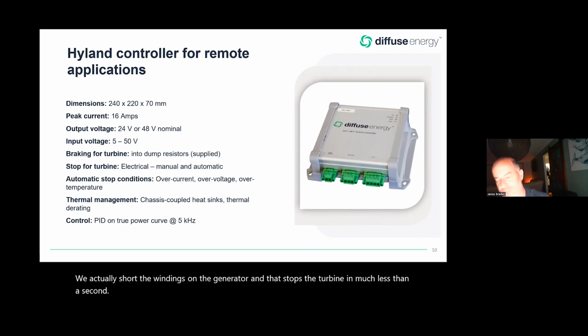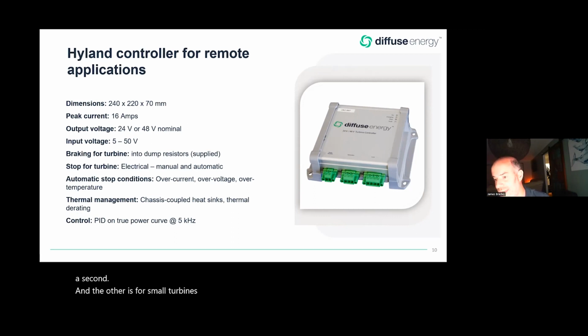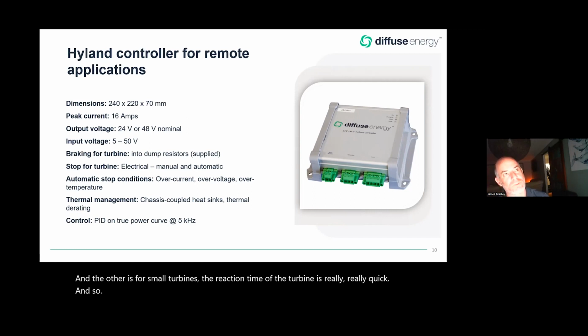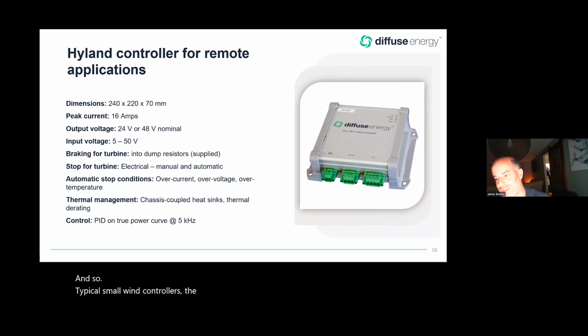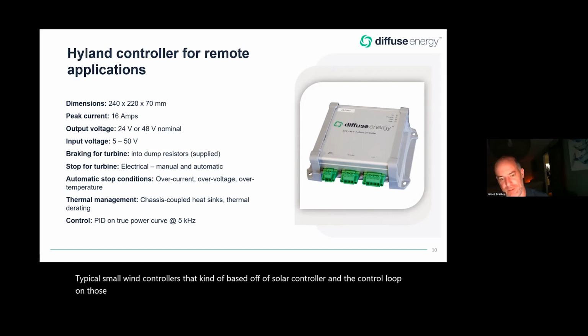And the other is for small turbines, the reaction time of the turbine is really, really quick. And so typical small wind controllers are kind of based off a solar controller, and the control loop on those just isn't quick enough to keep up with what happens.